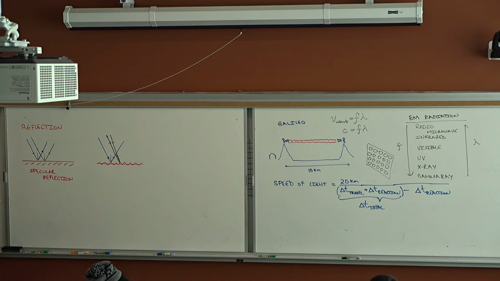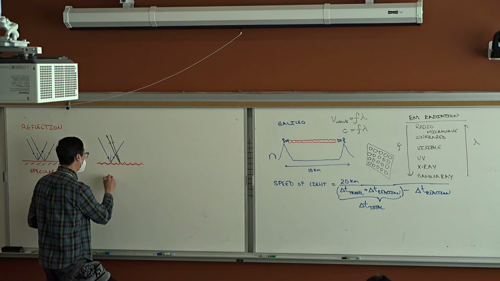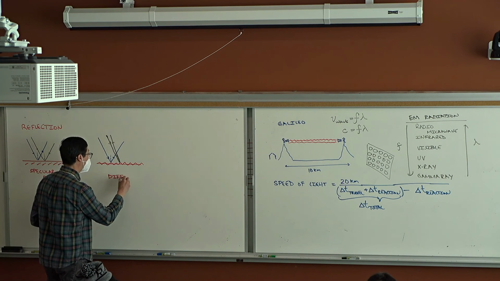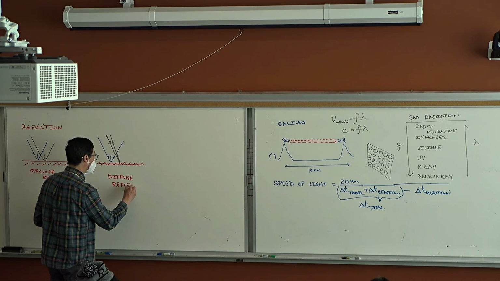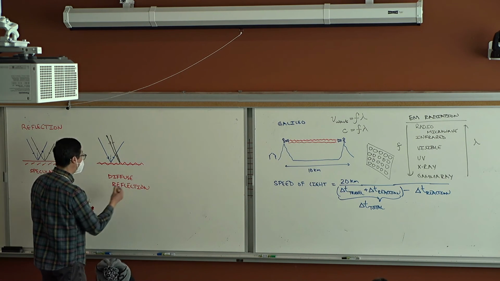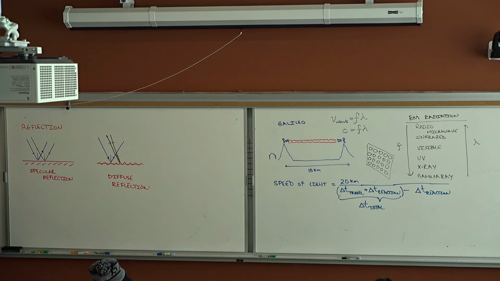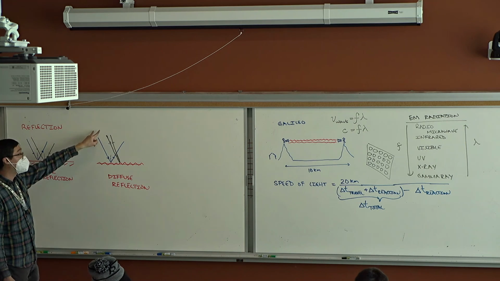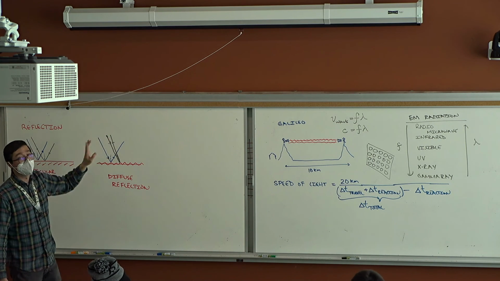We call this diffuse reflection. Specular reflection means that if rays came in parallel, they reflect parallel. Diffuse reflection means if they come in parallel, they don't necessarily reflect parallel.